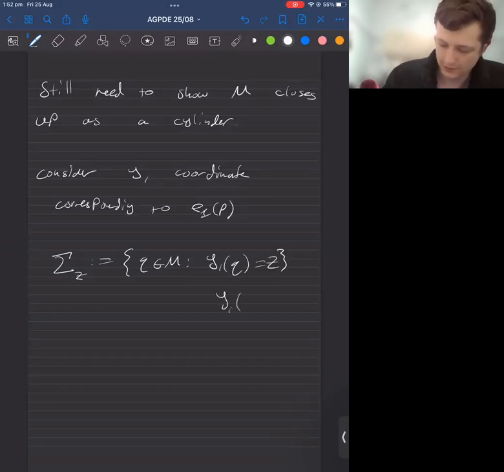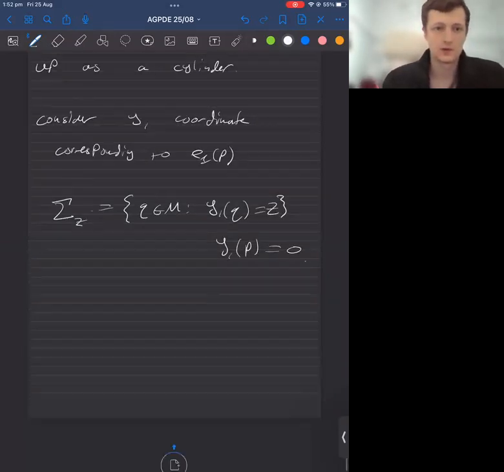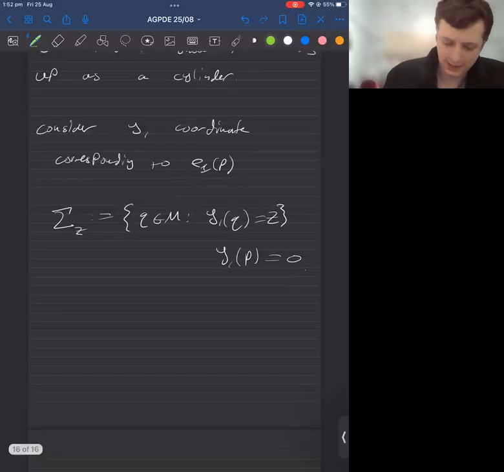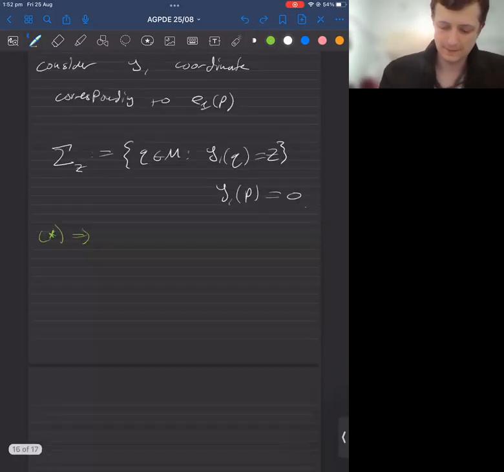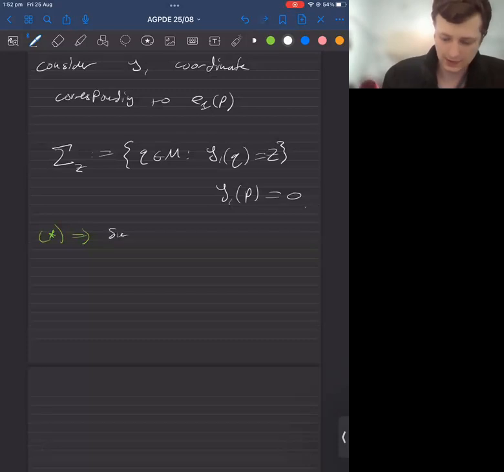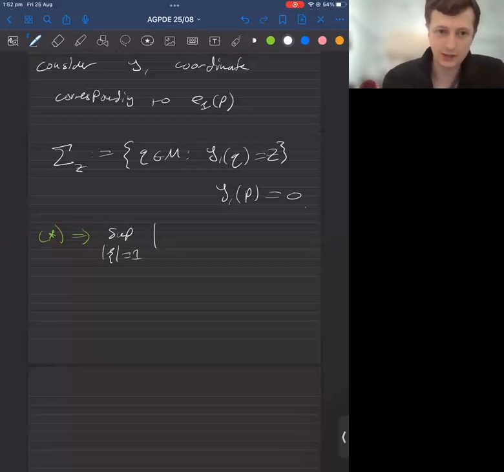And we can assume, for instance, that y1 of p equals 0. Okay? Now, star gives us the following. So star, remember, was a comparison between the two frames. Star will give a comparison between E1 at arc C and E1 bar at arc C, right?